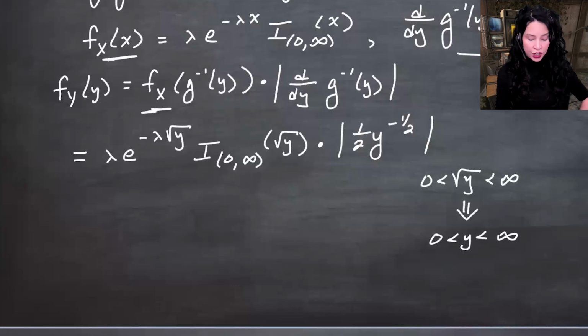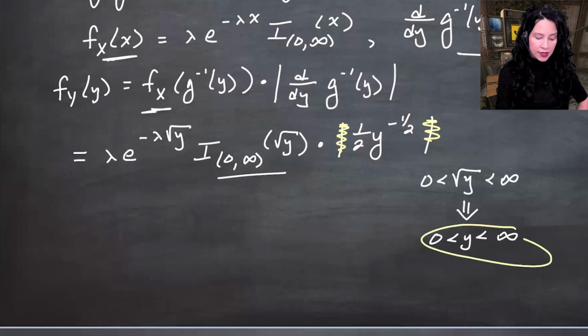So I can just change out this indicator for the indicator for just plain old y without the square root from 0 to infinity. And because y is going from 0 to infinity, I can drop these absolute values. And so again, that's because I know that y is positive. So let's rewrite this PDF for y.